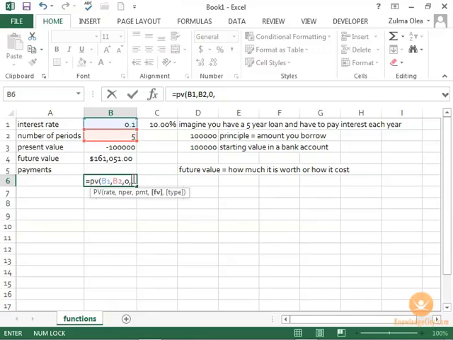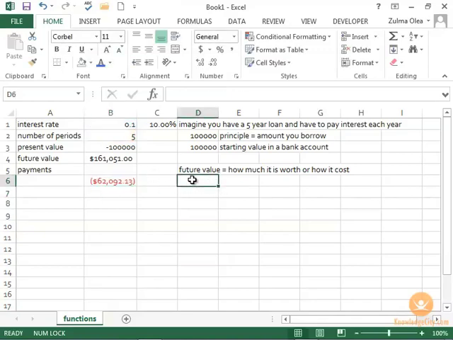In other words, how much would I have to put in an account today to have $100,000 in 5 years? So in this case, I'm going to put the $100,000. I'll put it here, but I could put it in a cell. There we go. So the rate is the first cell. Number of periods, I didn't put payments. Future value, and I'll hit enter.